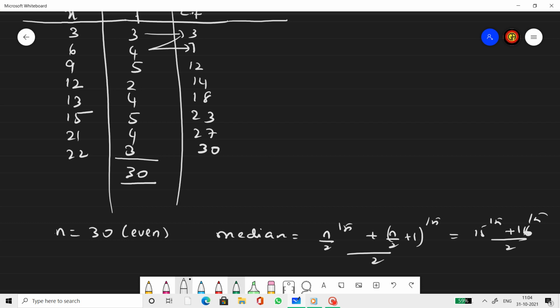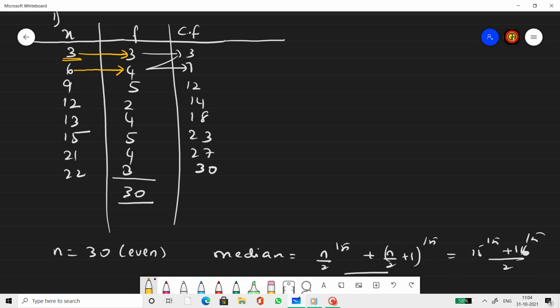Now, which is the 15th and the 16th term? Well, see this. Number 3 is repeated 3 times. Number 6 is repeated 4 times because frequency stands for the number of times the data is repeated, right? So the 15th and 16th data will be somewhere between this 12 and 18, right?